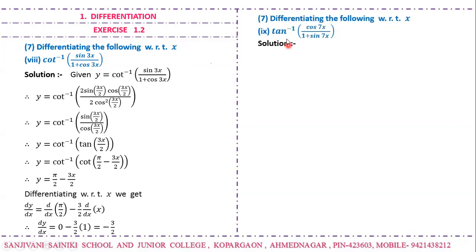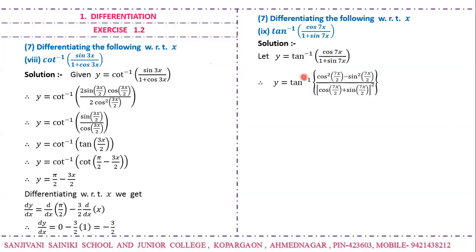The next function is tan inverse of cos 7x upon 1 plus sin 7x. What is given? y is equal to tan inverse of cos 7x upon 1 plus sin 7x. So again using the simplification, this 1 can be written as sin square 7x by 2 plus cos square 7x by 2.